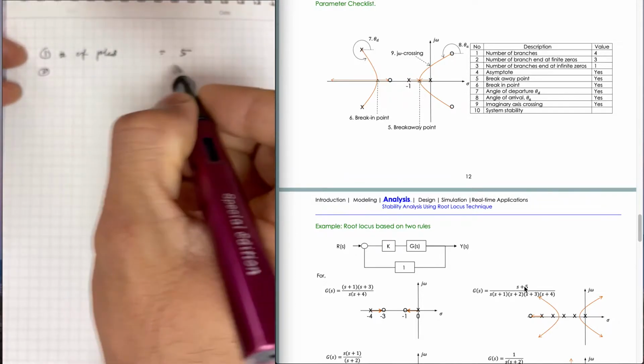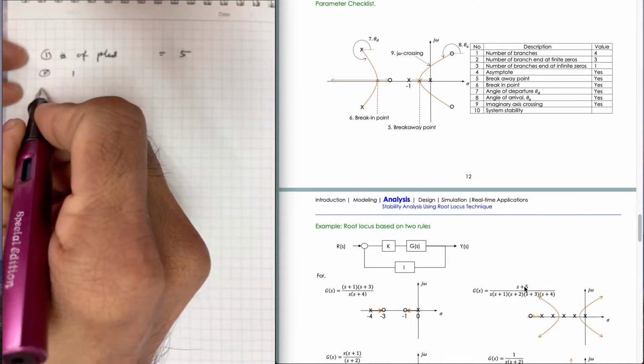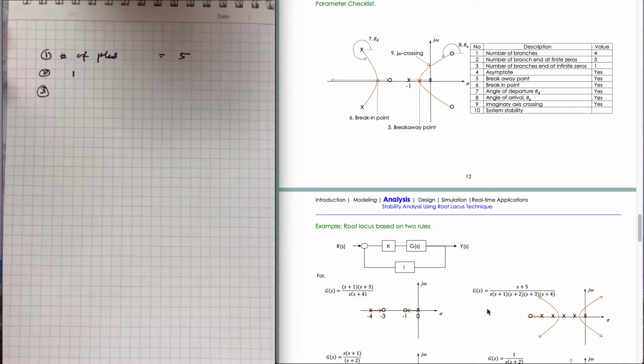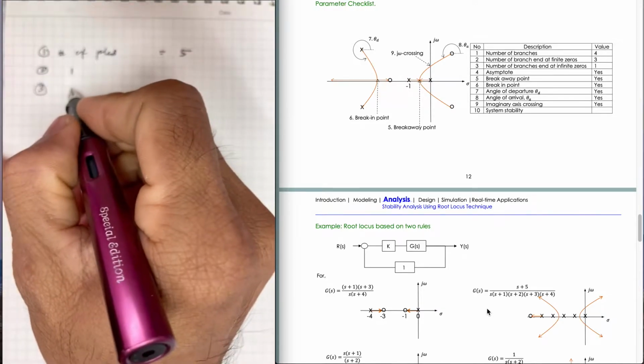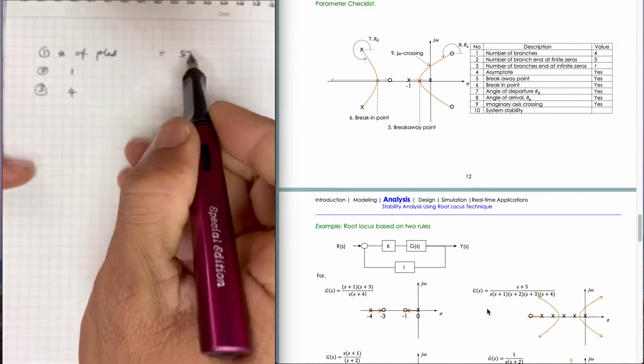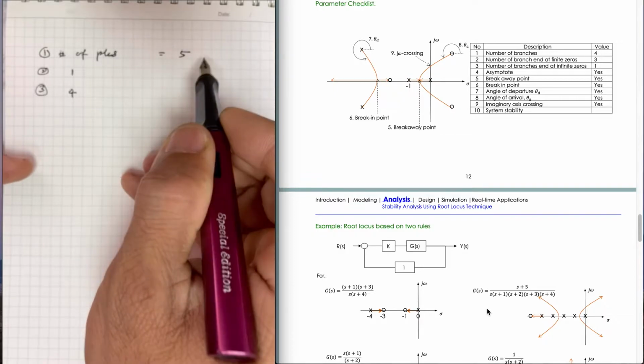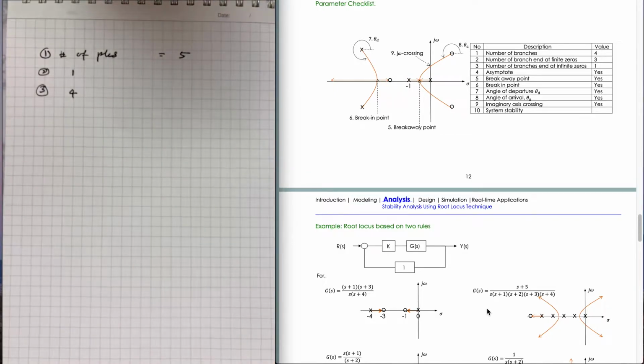Number 3, the number of branches ending at infinity: the other 4 poles will find their zeros at infinity. So these two totals must equal 5, because the 5 poles will be moving towards their own zeros.